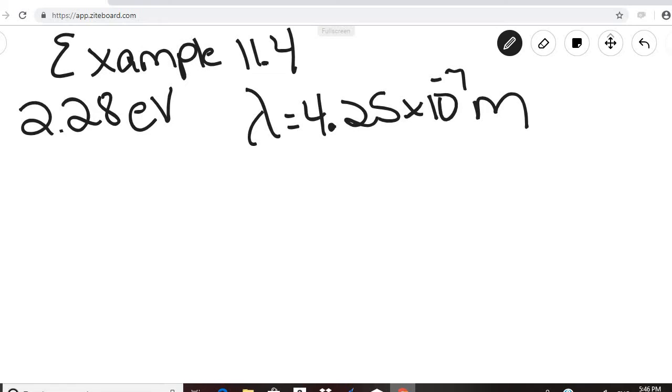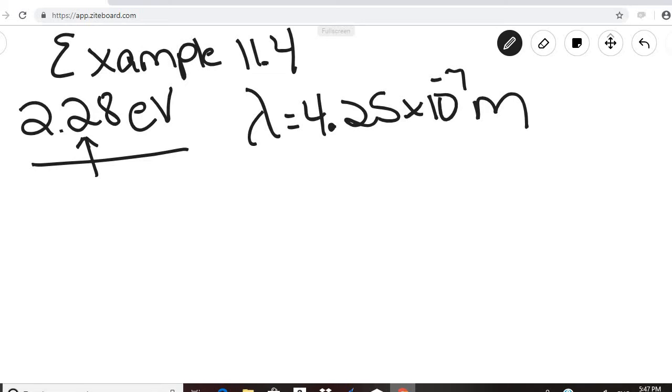Remember, this number tells us how much energy it takes for electrons to escape from the metal. If an electron has this much energy, it will be able to break free.